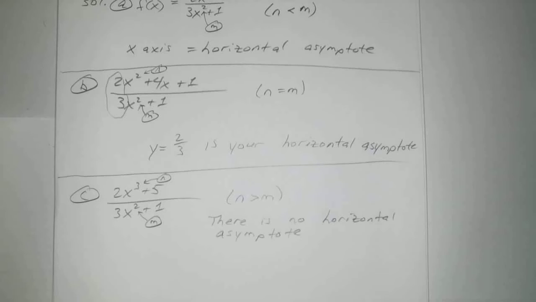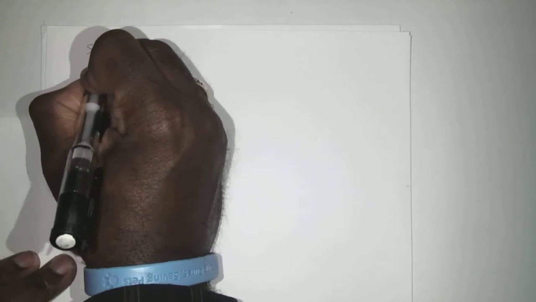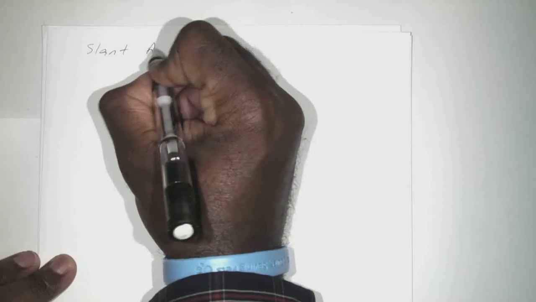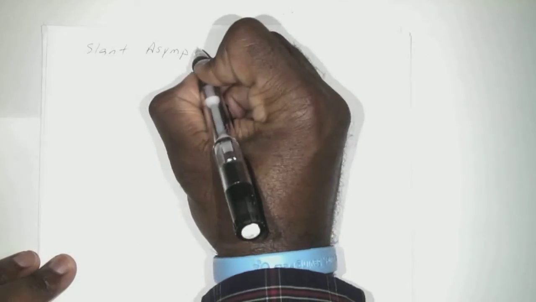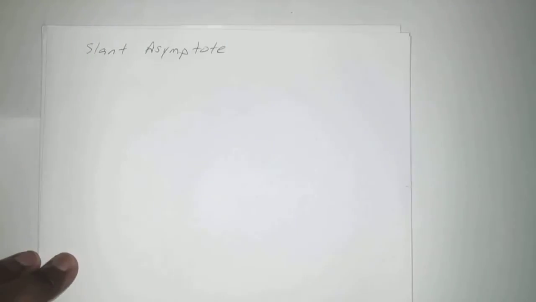Okay, so far we've done the vertical asymptote and the horizontal asymptote. Now we're going to look at what they call the slant asymptote. Okay. Now to find the slant asymptote, you just use long division of polynomials, but you ignore the remainder.